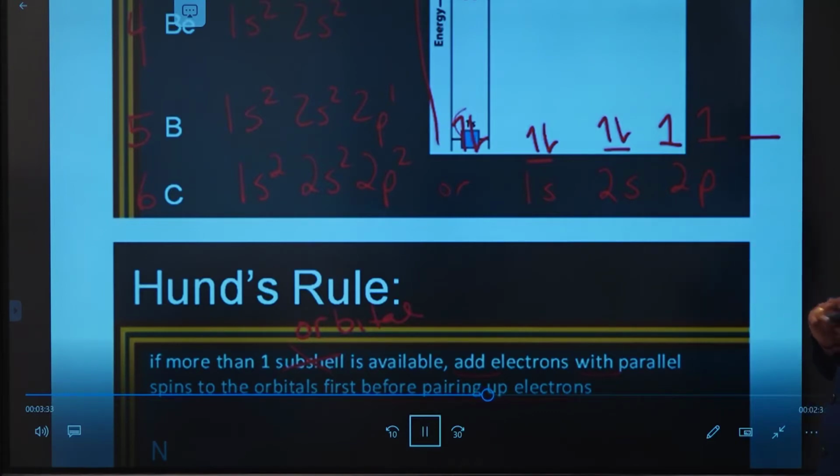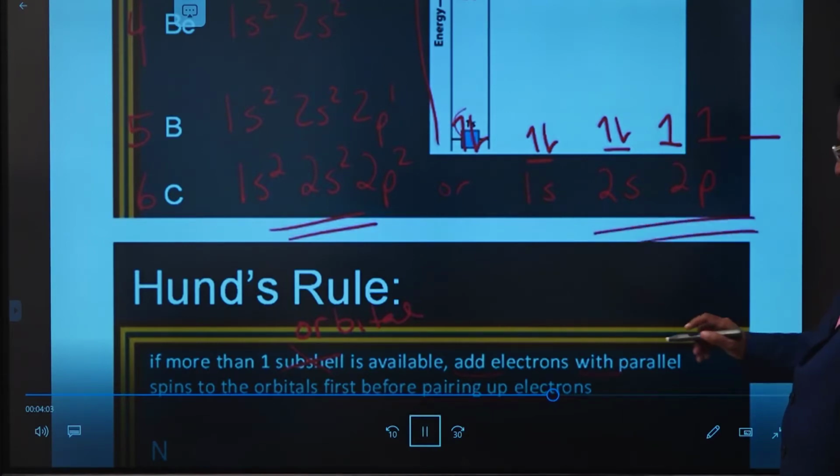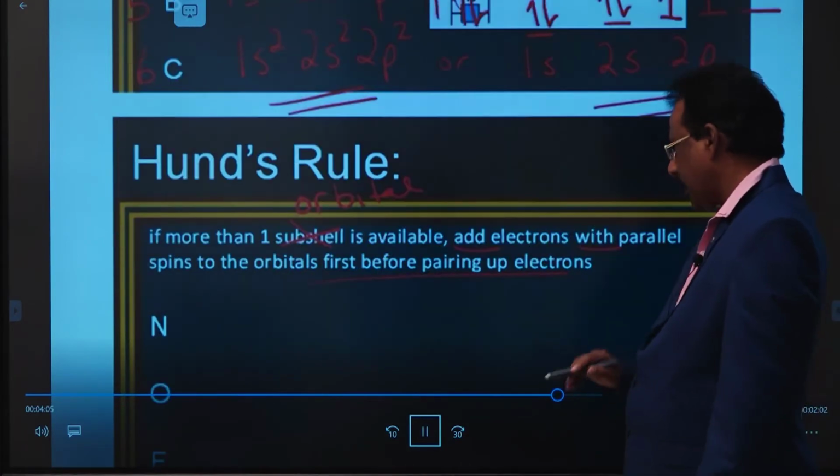So in the case of nitrogen, its electronic configuration is 1s2 2s2 2p3. That means the 2p subshell maximum capacity is 6 electrons and each orbital contains 1 electron according to Hund's rule of maximum multiplicity.